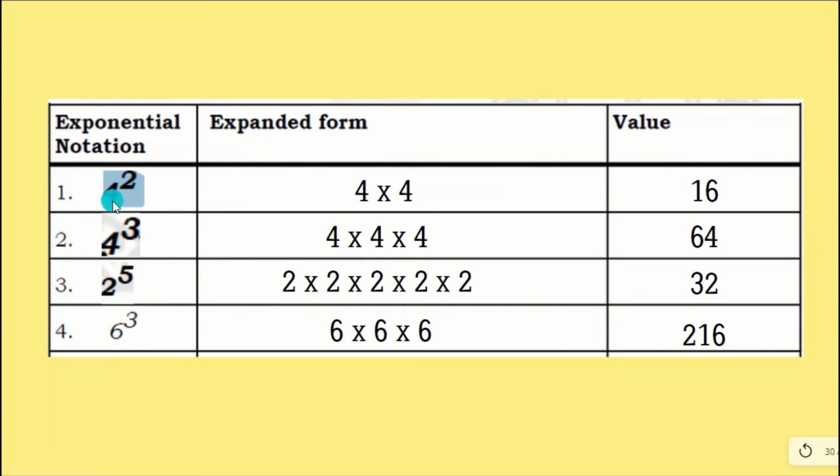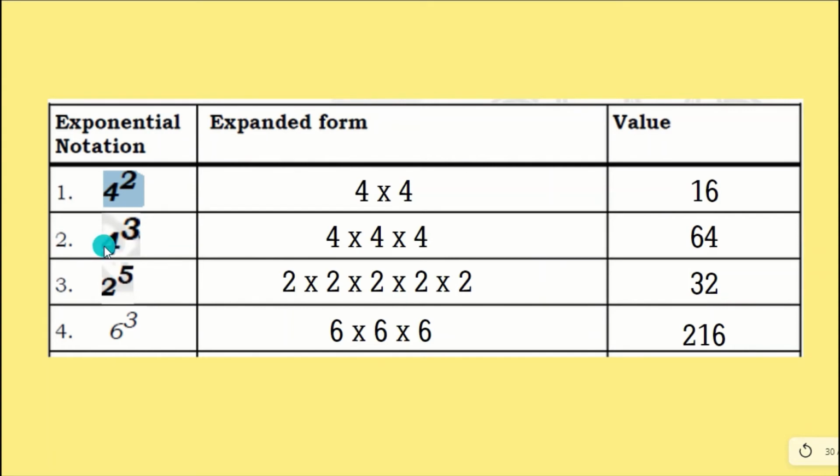So the first one is 4 raised to the second power or 4 raised to 2. This is the exponential notation. When we transform it to expanded form, it will be 4 times 4 because we must multiply 4 by itself 2 times, okay? And when we multiply 4 times 4, it equals 16. So the value for 4 to the second power or 4 raised to 2 is 16.